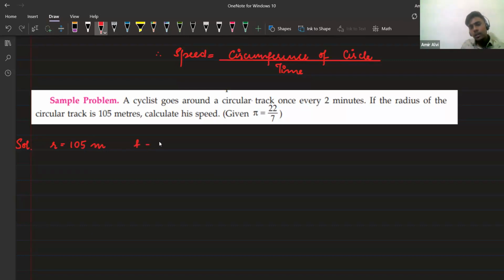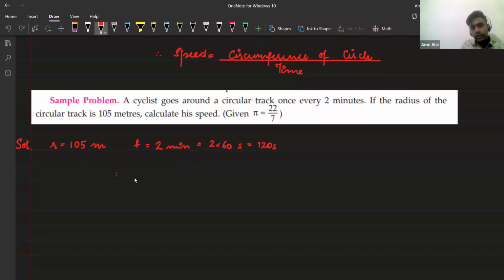Time is 2 minutes. Do I need to convert or just put it as it is? Convert, because this is not SI, right? So it is 2 into 60 seconds, which comes out to be 120 seconds.